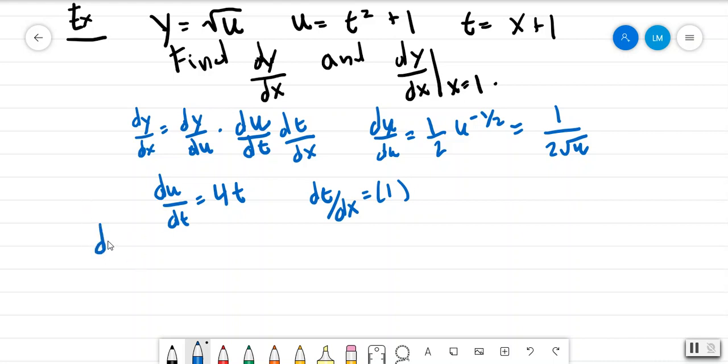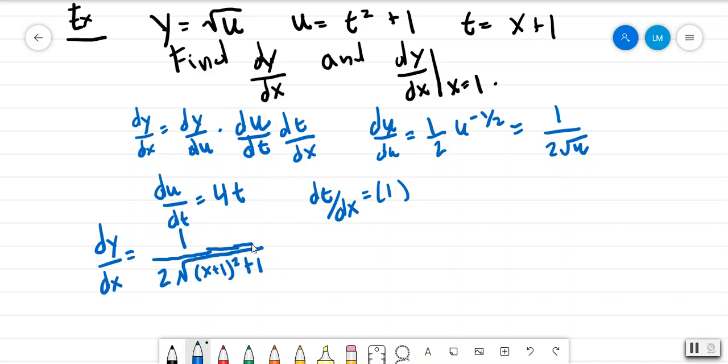So we have dy/dx equal to 1 divided by 2 times the square root of u, but we have to substitute u, and it also has a t, so we substitute naturally x plus 1. It looks a little weird, but it's x plus 1 squared plus 1.